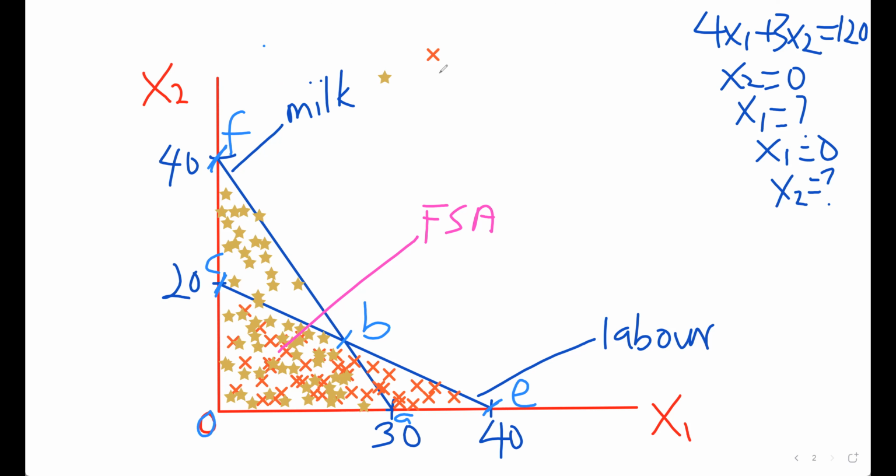You know a vertex? What are the sensible vertices of this feasible solution area? Belinda says A. No. What are the sensible vertices of this feasible solution area? Derek, what are the vertices?